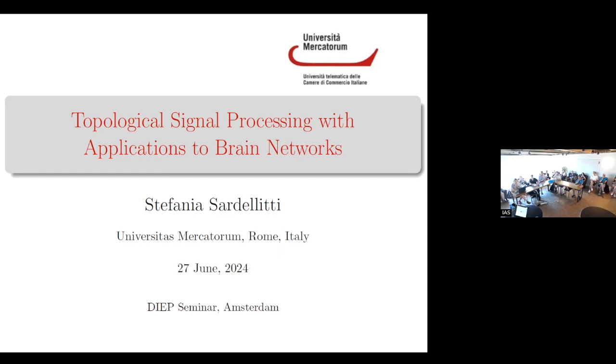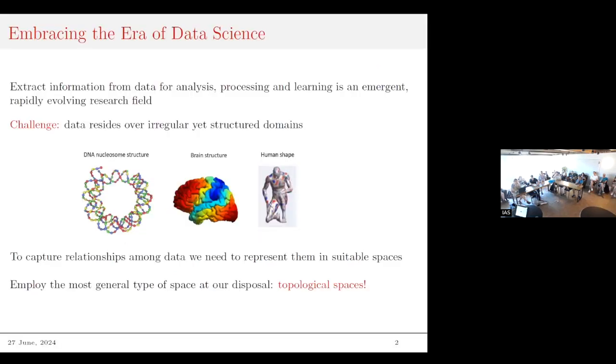Why do we need signal processing over topological spaces? We live in the era of data. Data are all around us. In many fields, the main goal is to extract information from data for analysis, processing, learning, and so on.